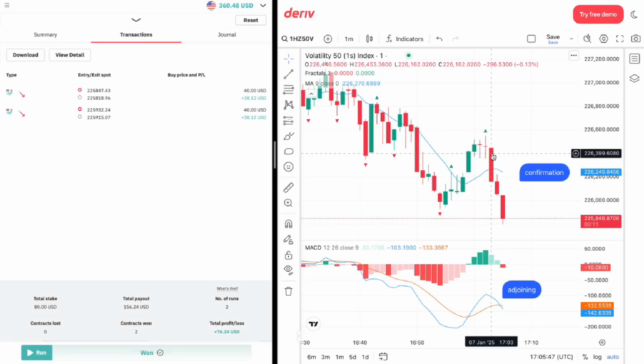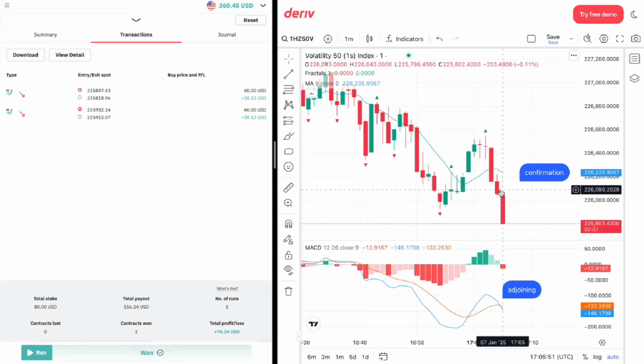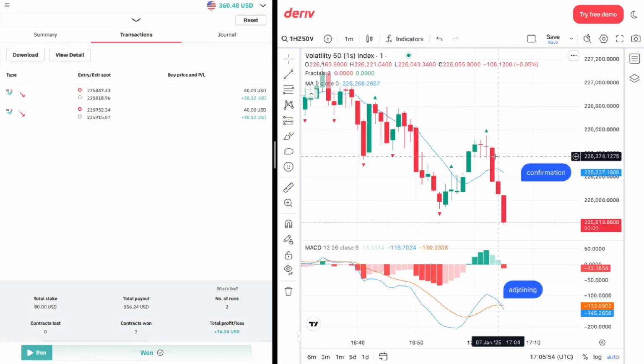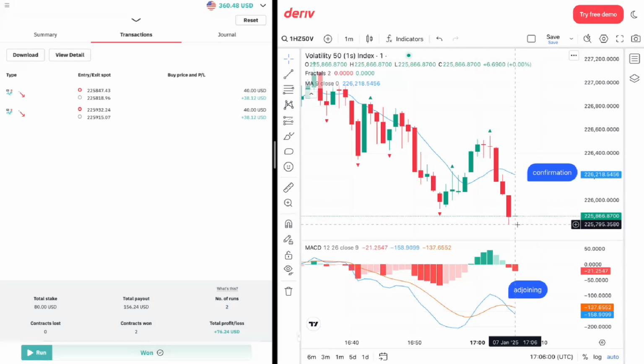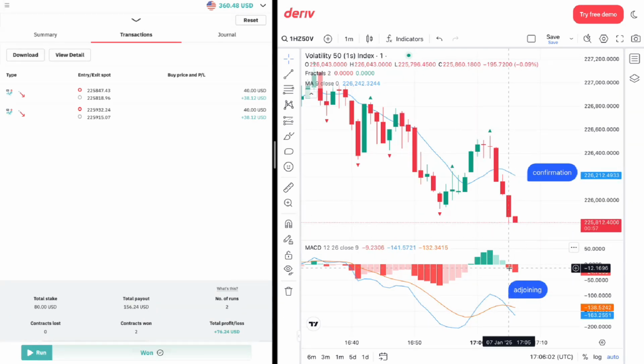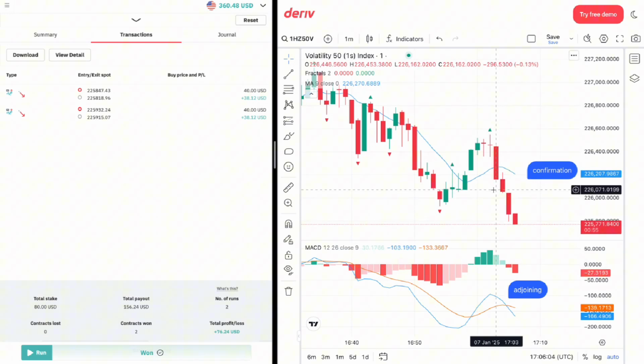Why? Because you see, you have a fractal here. So you can tell this market is going down. And then you can see this strong red candle, and then there's a second one, and finally this started forming here. And you saw the MACD also started turning strong. So in 2 runs, you already have your money.